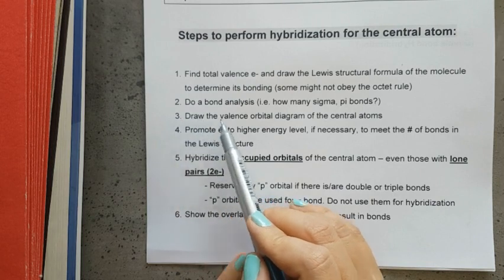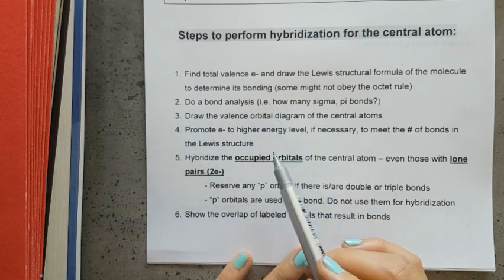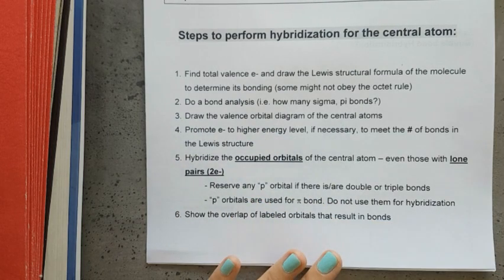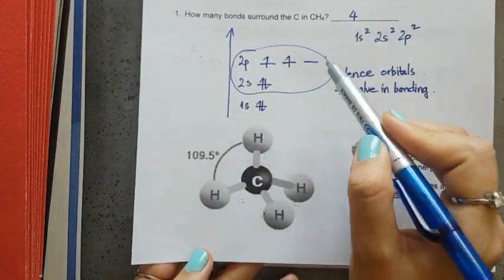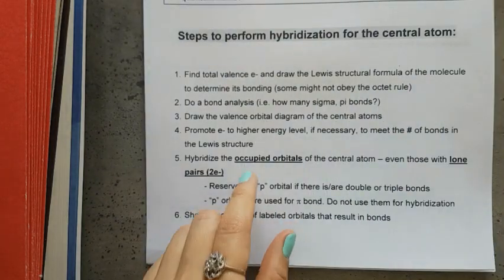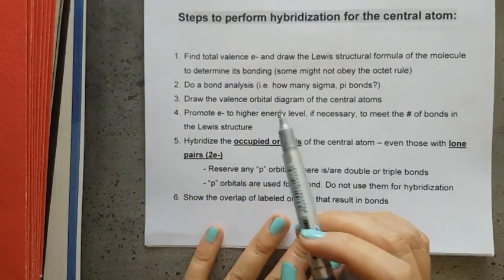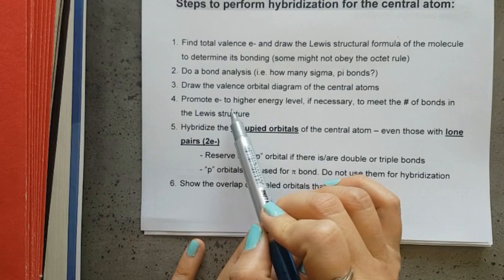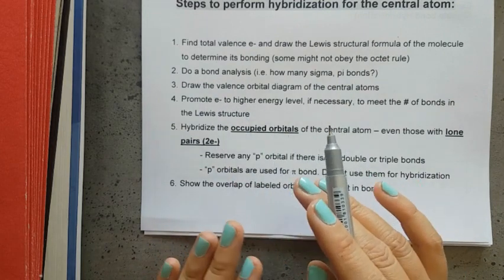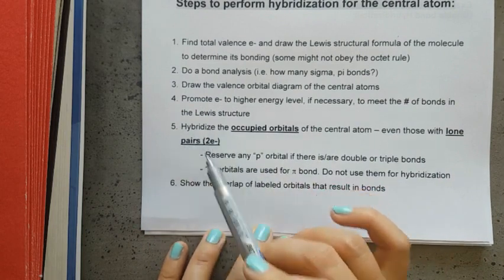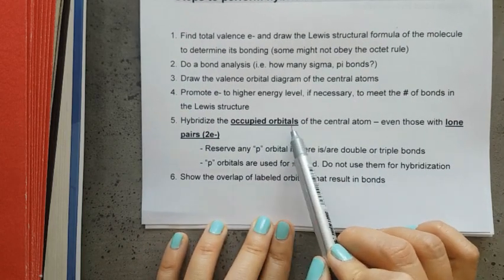And number 3 is to draw the valence orbital diagram of the central atom, sort of like what I did earlier for the carbon, right? And focus mainly on the valence orbitals, because those are the ones involved in bonding. And then you need to promote an electron if applicable, right? Sometimes you don't have to, and you just blend them immediately by hybridizing the occupied orbitals.